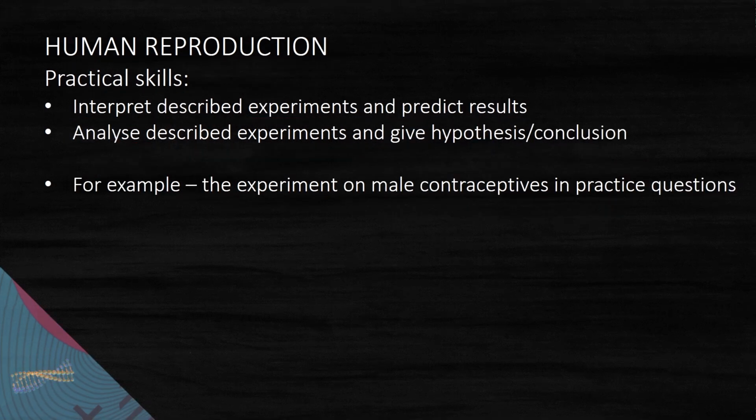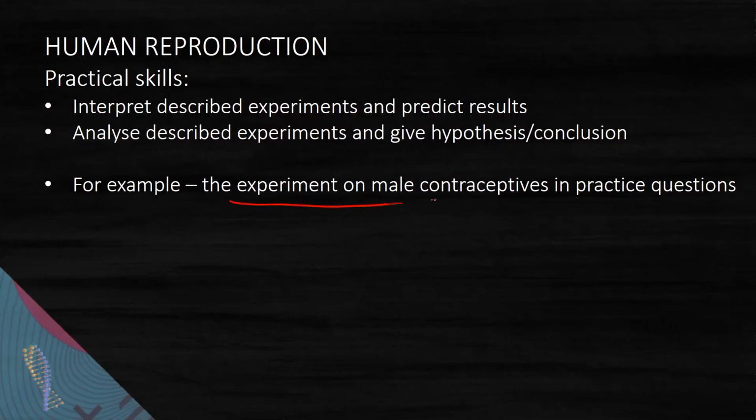And for example, if you did the practice questions, one of the practice questions is an experiment on male contraceptives. Now, it describes the experiment to you, and you have to, from the description of the experiment, think, well, what's actually happening here?